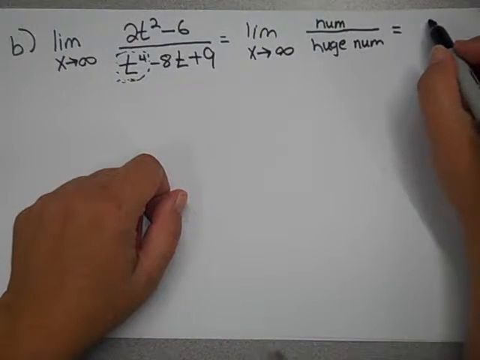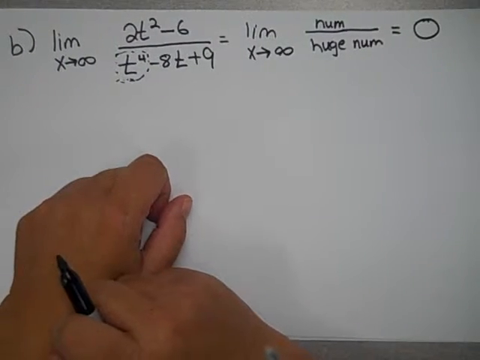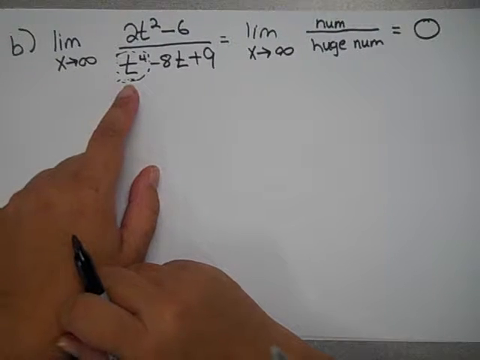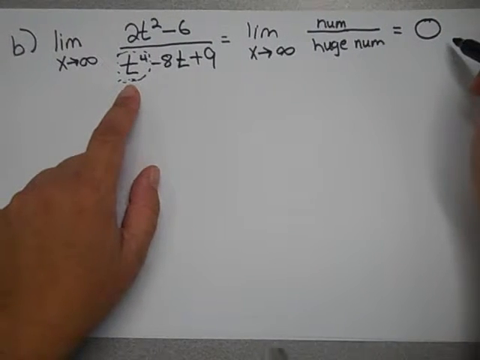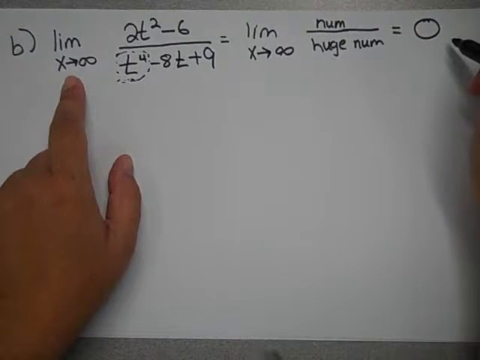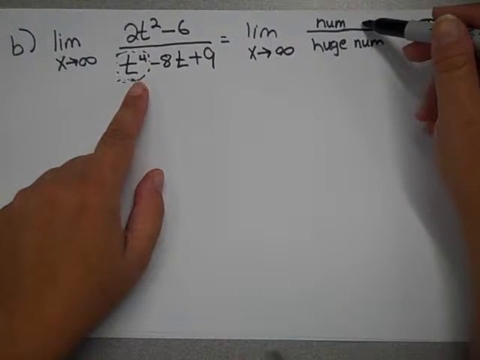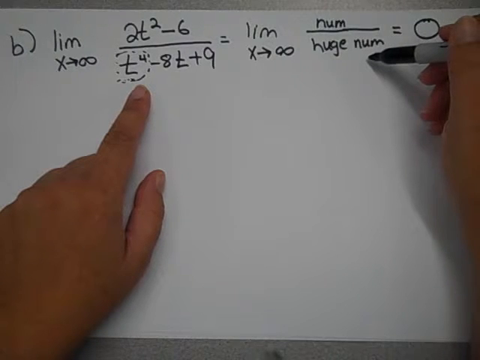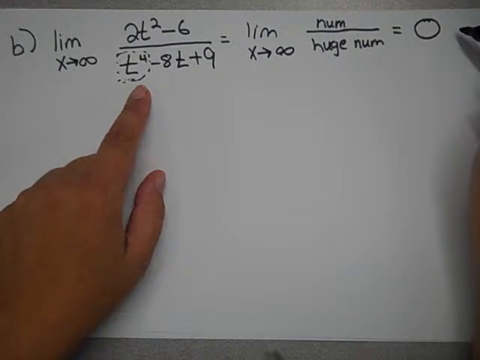So that means that this approaches 0. And the shortcut to this is, if the biggest degree is in the denominator, then you're going to be approaching 0 as x goes to infinity, because you're going to end up with some number over a much bigger number, which is always going to lead to 0.